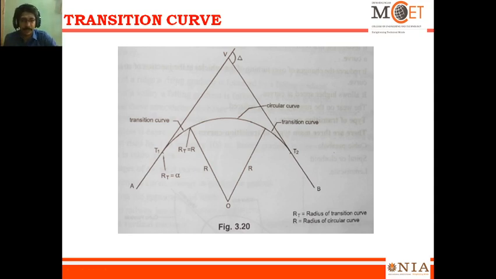You have to remember, to avoid the sharpening of the curve and make the travel very smooth, at the two ends of the circular curve a small changeover is provided. So this portion is along the transition. The combination of two transitions and the circular curve is the transition curve methodology.